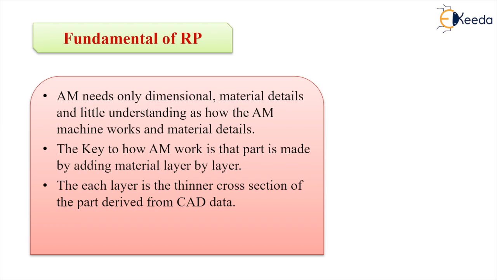See, layer by layer we are going to add these layers, one after another, very thin layers actually, and these layers will finally develop our prototype. So here each layer is a thin cross section of the part derived from the CAD data. Whatever information we have from the CAD, that geometry we are putting in terms of a thin layer, and these thin layers, one after another, are creating the prototype or part.